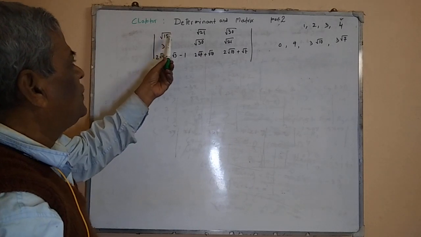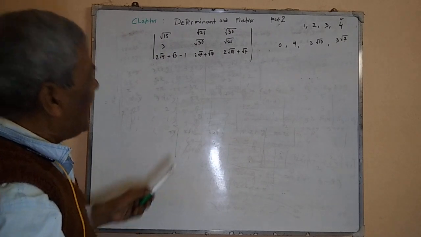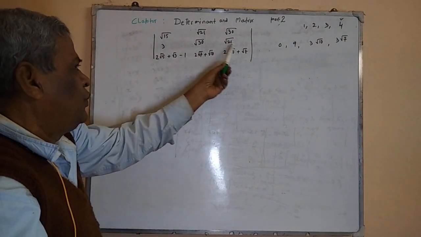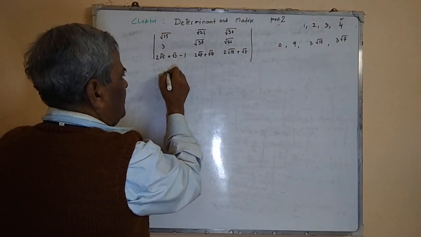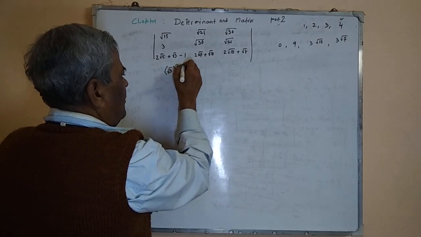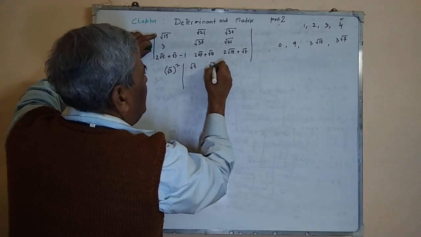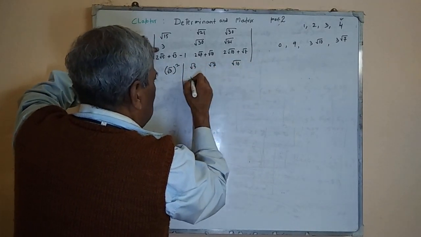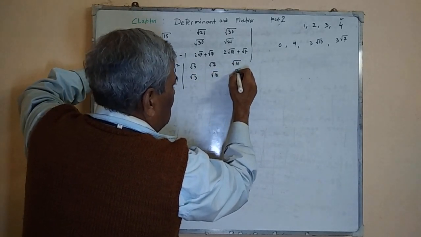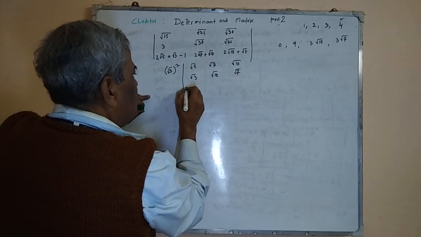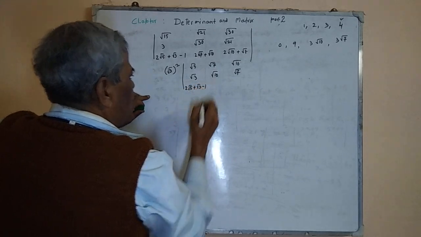Clearly, root 3 can be taken common from the first row and also from the second row. Root 3 can be taken common from these two. So, root 3 into root 3, first row is root 5, root 7, root 10, second row root 3, root 10, root 21, root 7, and this is 2 root 5 plus root 3 minus 1.